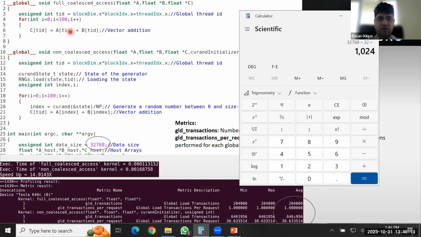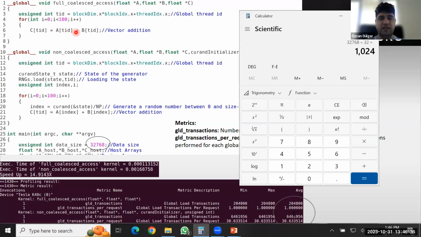how many transactions are taken? One for read A, one for read B, and when we multiply it by 100, for each thread, 200 transactions are taken.